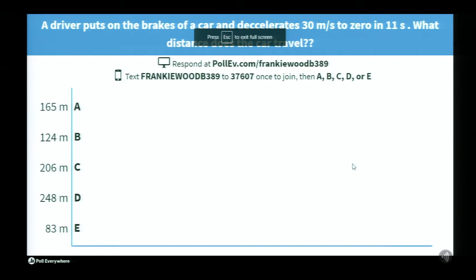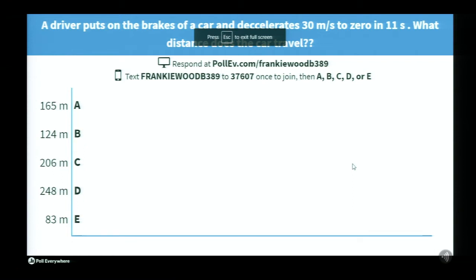So we've got a driver who puts on the brakes and decelerates from 30 meters per second to 0 in 11 seconds. How far, or what's the distance the car traveled? I will tell you it's a two-part problem.